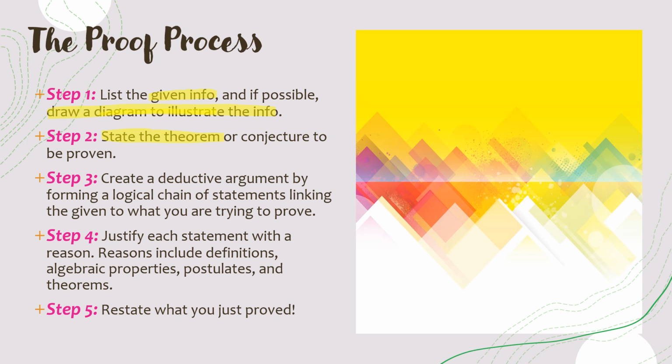That's step 3, creating a deductive argument. Now, I like to call out this piece. We're creating a logical chain of statements that are linked to each other. They're ultimately linked all the way back to what you were given, and then link all the way in the future towards what you're trying to prove. So they build on top of each other. Okay, each statement, of course, has to be justified. Some sort of reason has to be provided for why we know that is true.